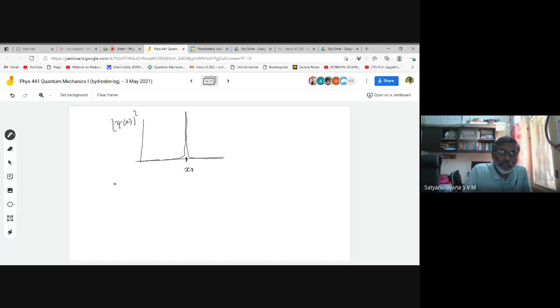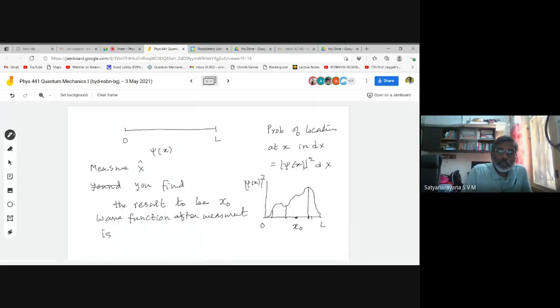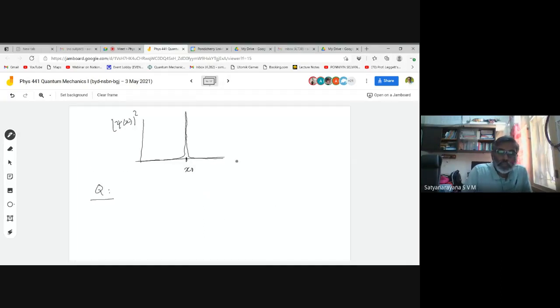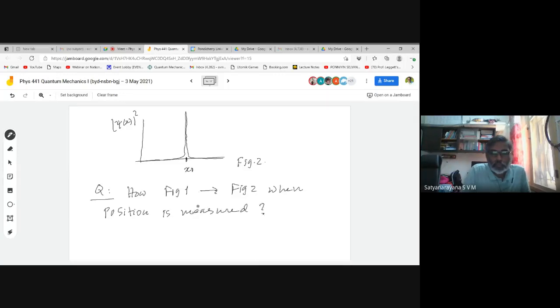So now the question that you are asking is that, well, let us call this figure 1, and let's call this figure 2. I think your question is how figure 1 goes to figure 2 when position is measured. Is that your question?